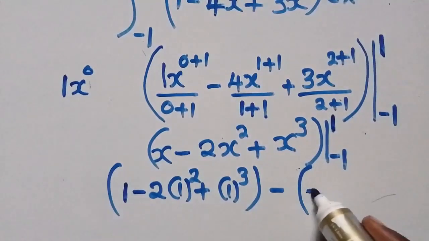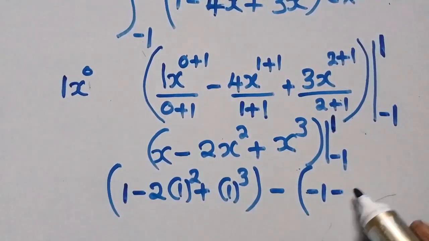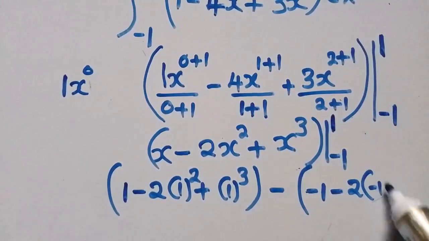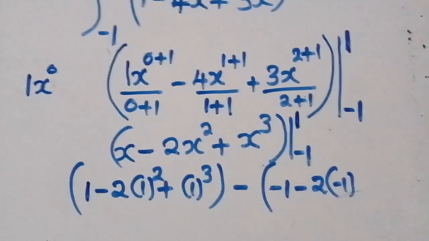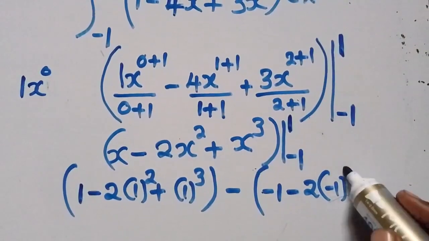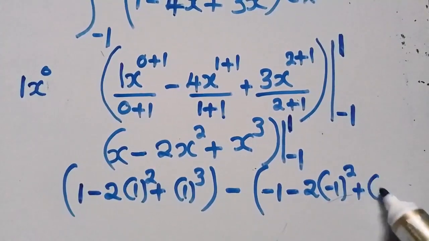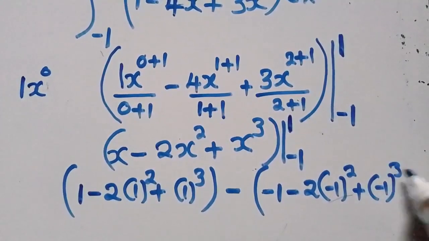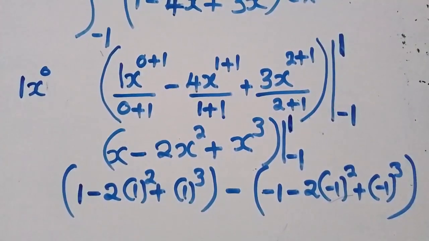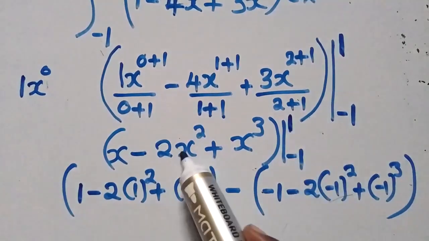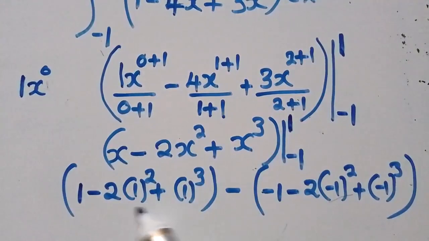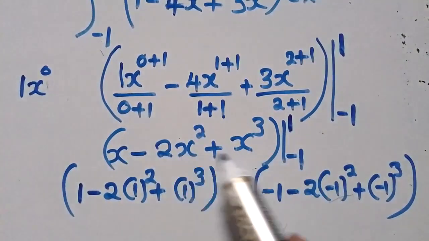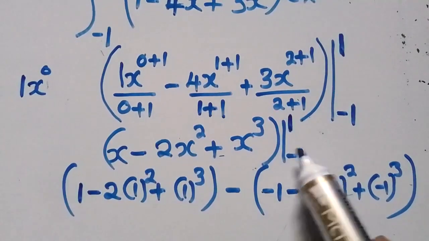So negative 1 minus 2 times negative 1 squared plus negative 1 cubed. Then you close like this. So where there is x, you put 1, like I've done here. Where there is x, put negative 1. This is what you need to do.